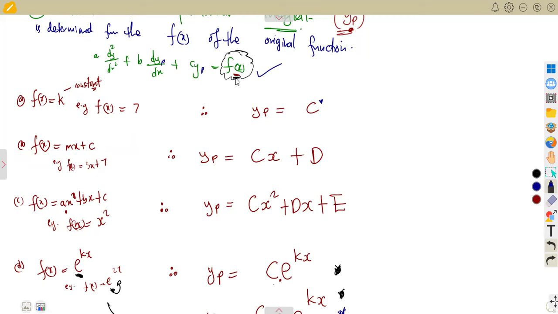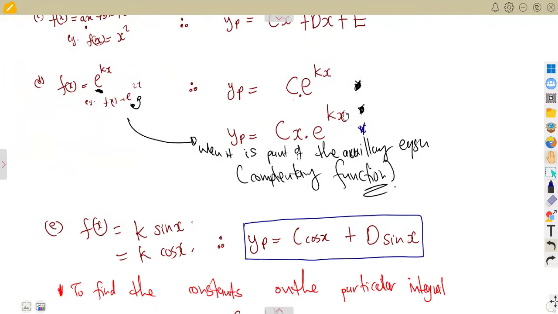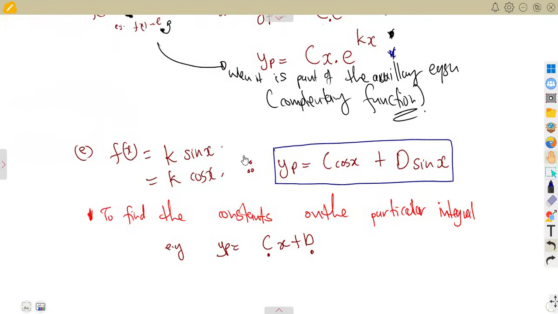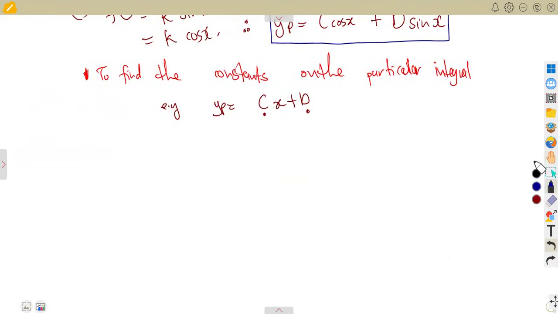By equating to f of x, you are able to find the values of what? The constants. So in this case, let us just write some short notes here. For example, y is equal to this.